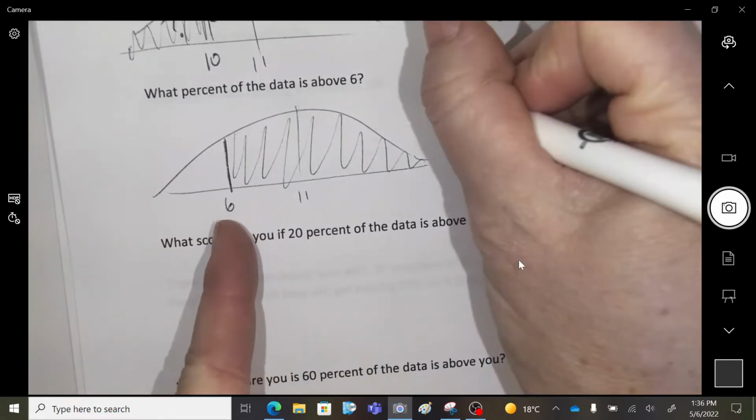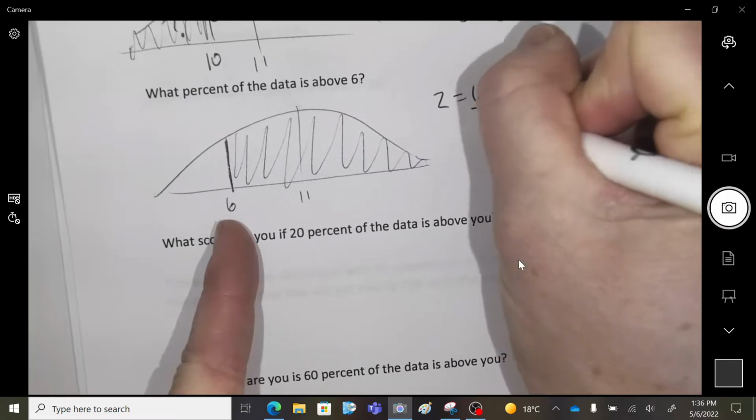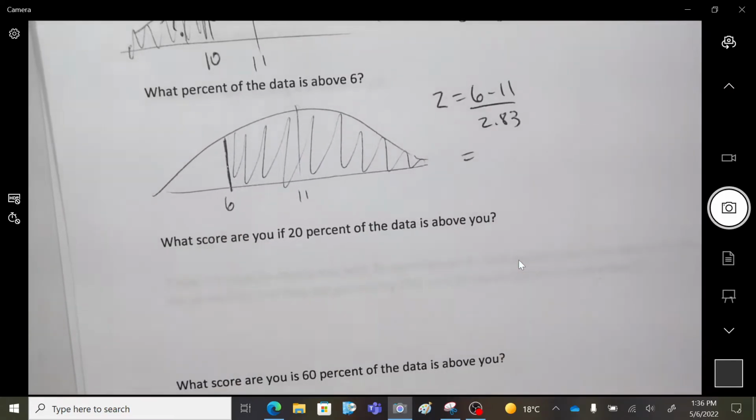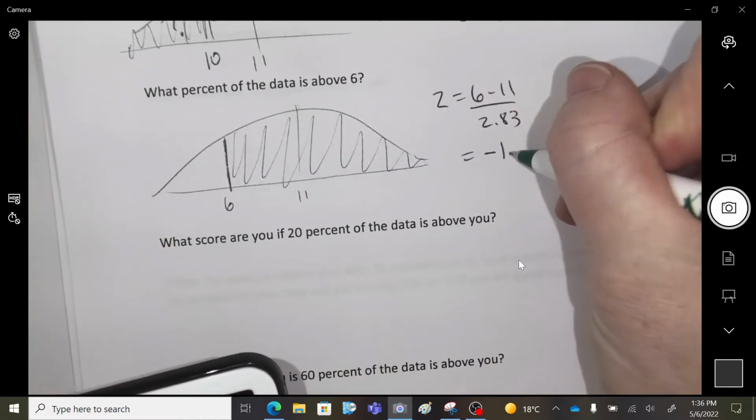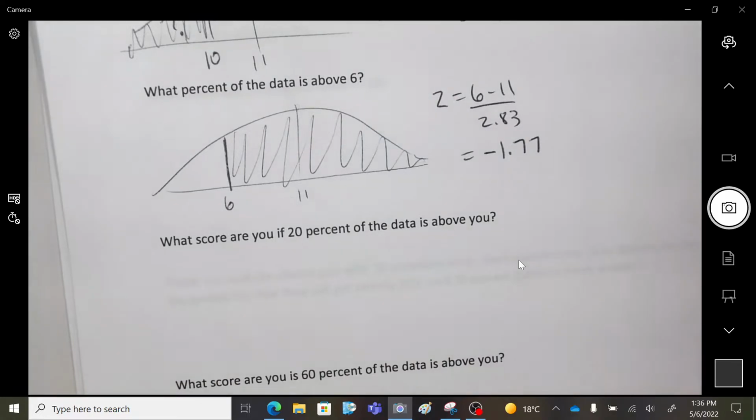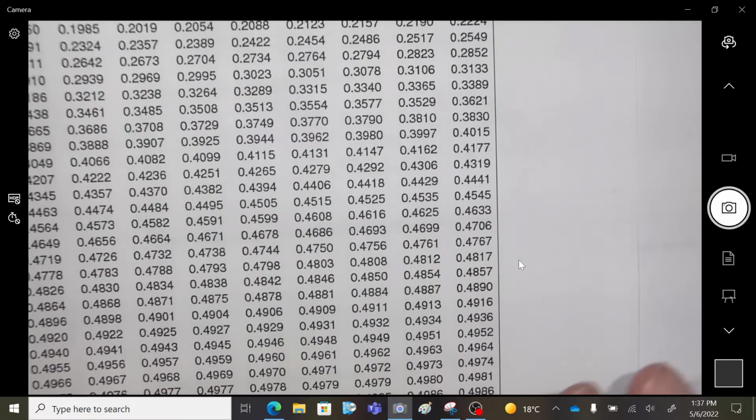So Z score for 6. The 6 Z score. Okay, now I'm going to do the 1.77 on the chart.